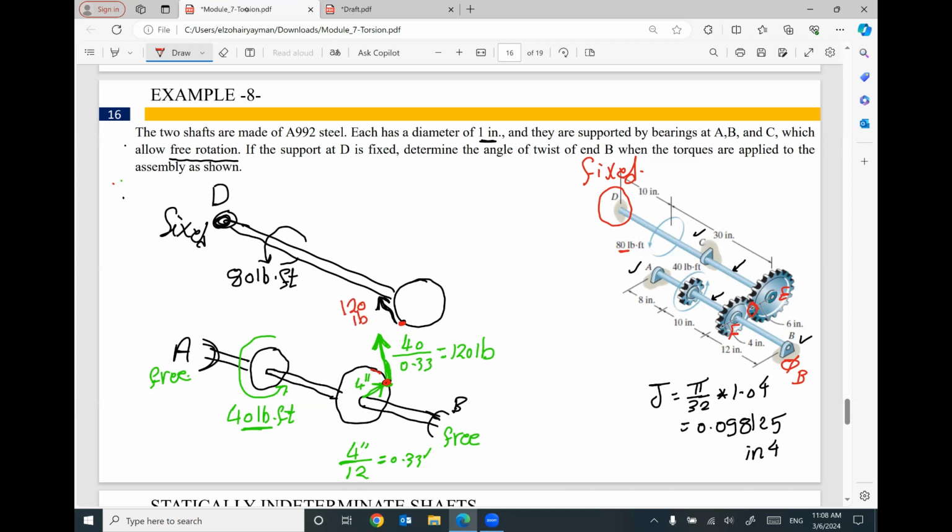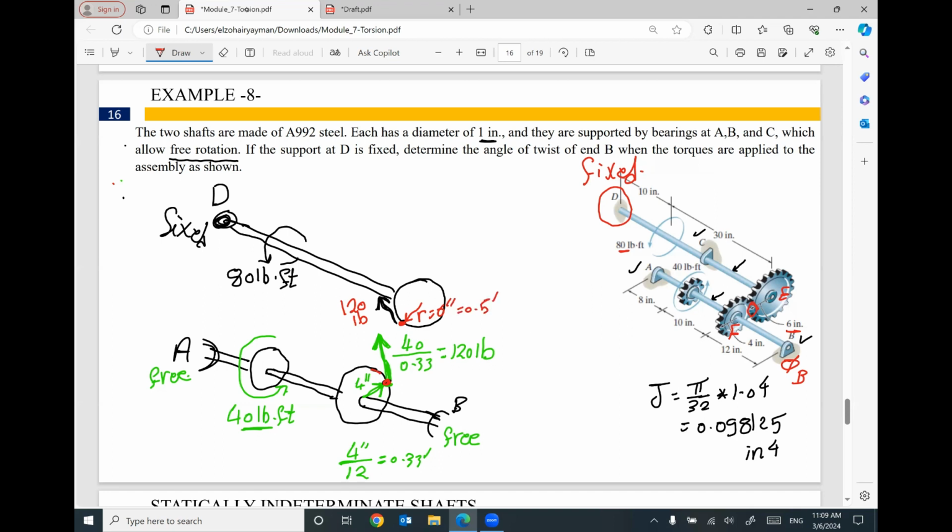I will convert the transmitted force to a torque using this radius. The radius of this gear is given as 6 inch, which is equivalent to 0.5 feet.